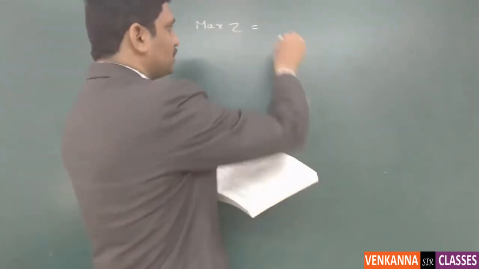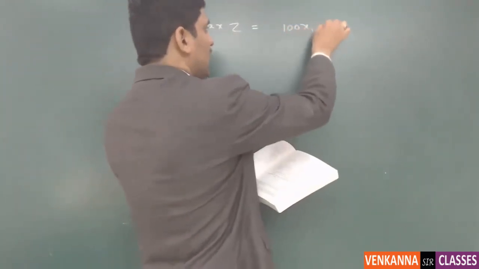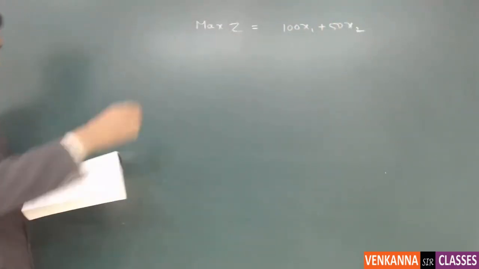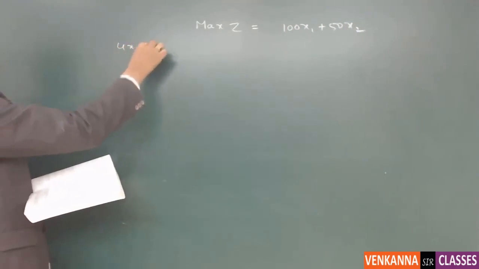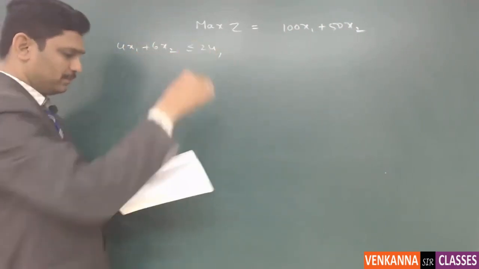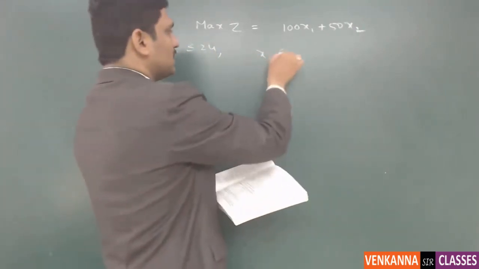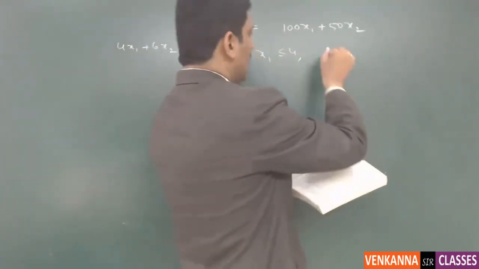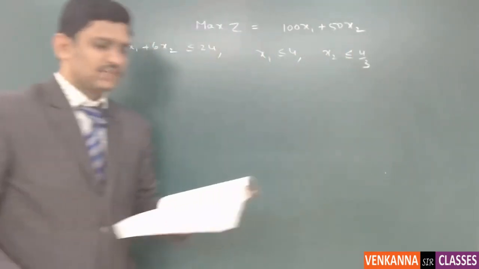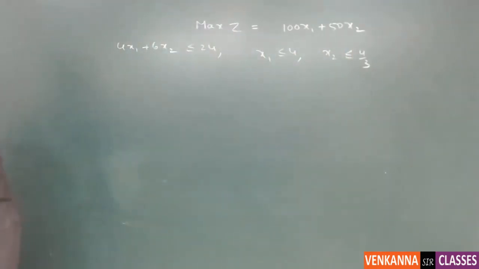Maximize z equals 100x1 plus 50x2 subject to the constraints 4x1 plus 6x2 is less than or equal to 24, x1 less than or equal to 4, and x2 less than or equal to 4 by 3, where x1, x2 are greater than or equal to 0, which is obvious.